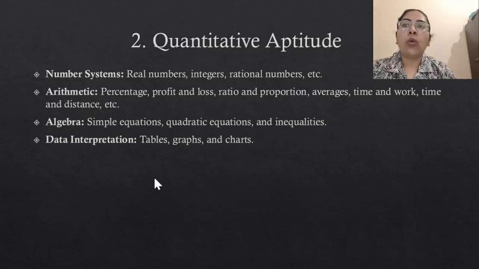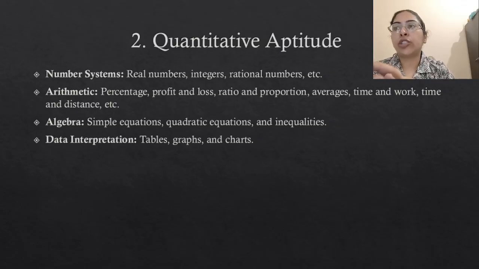Next is data interpretation like tables, graphs, charts, pie charts, bar graph. All this comes under the data interpretation. So this was about the quantitative aptitude.